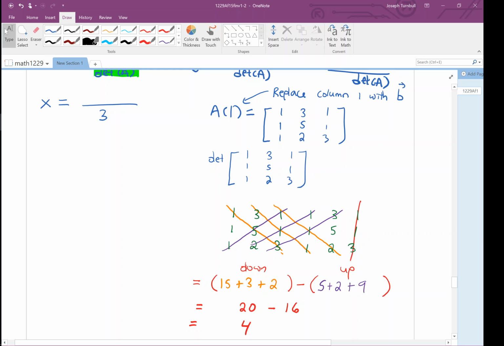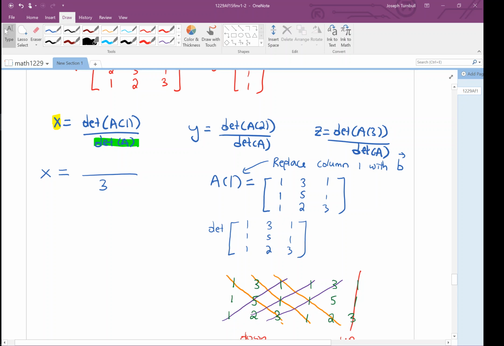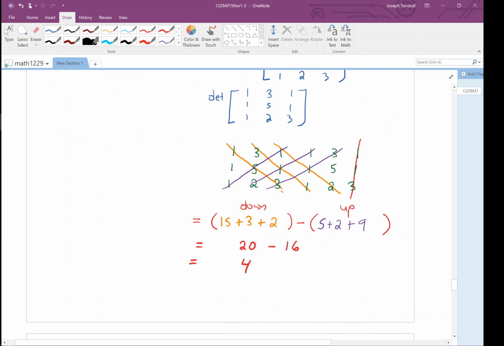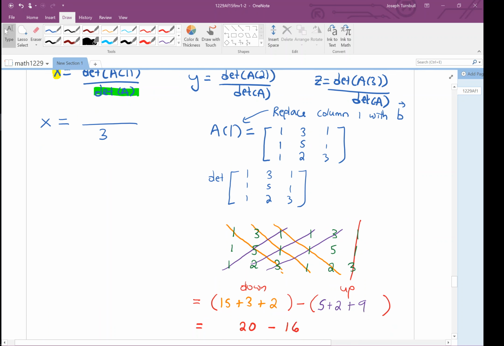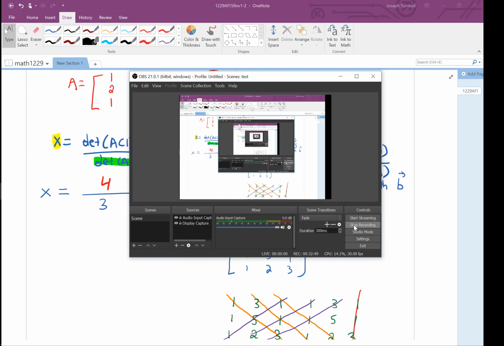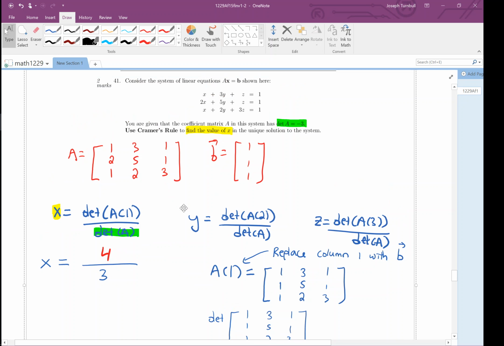And then the up product, 5, 2, and 9. 1, 3, 1, 1, 2, 3. I'm getting 4. Okay, and I should double check everything.